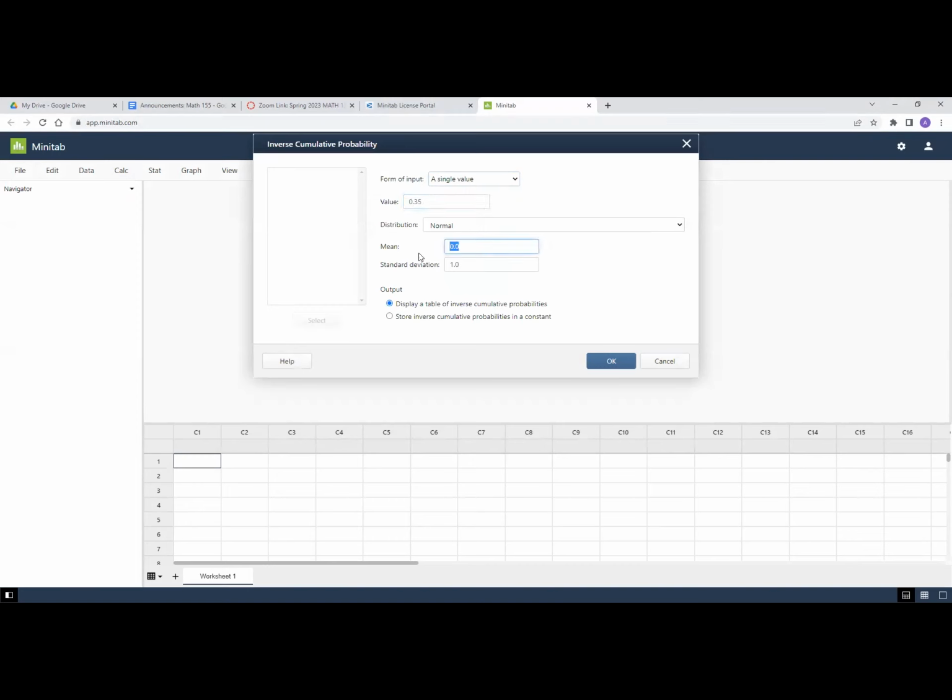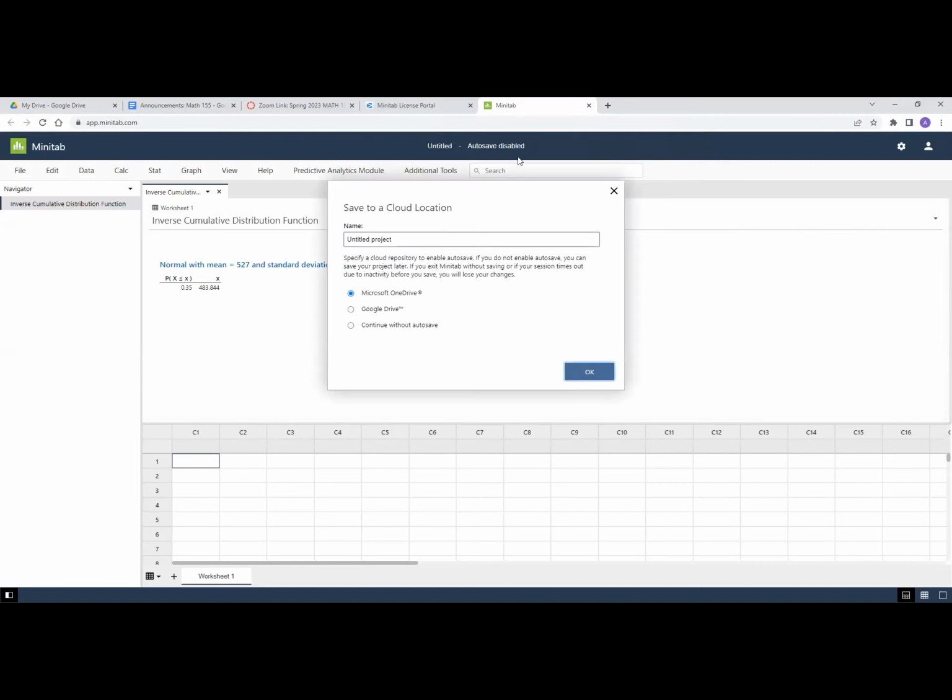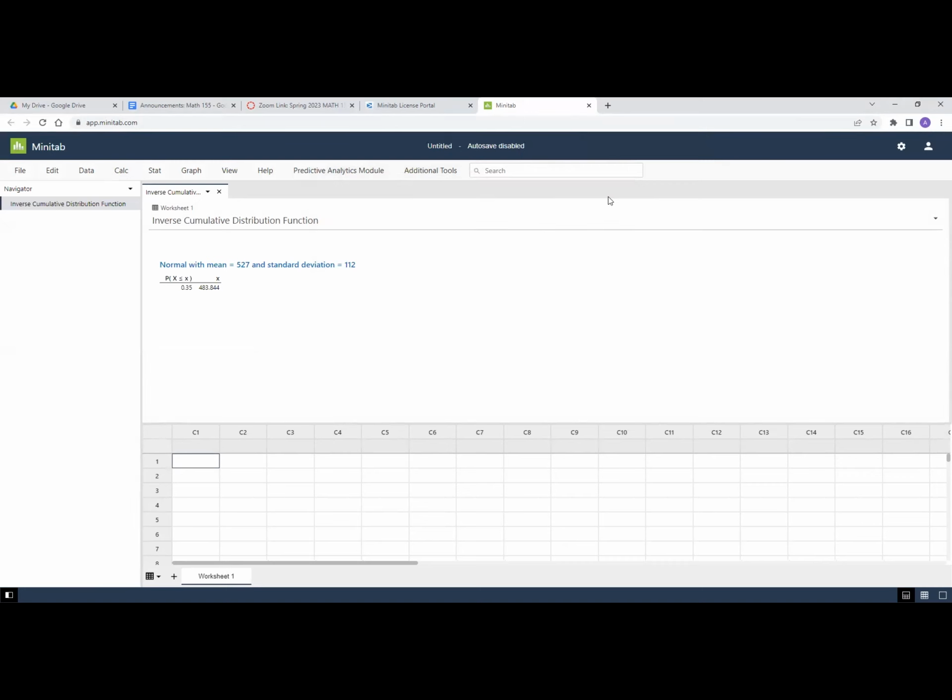For the mean, I would do 527. Standard deviation, 112. And you should get 483.844. And remember, with inverse, the answer on Minitab is literally your answer. You don't have to do anything to it. You're welcome. I feel like these questions just get so confusing because there's 15 billion different things you could do for each one.